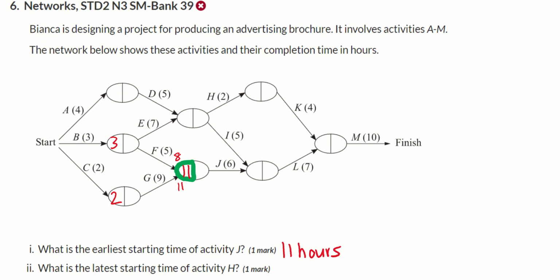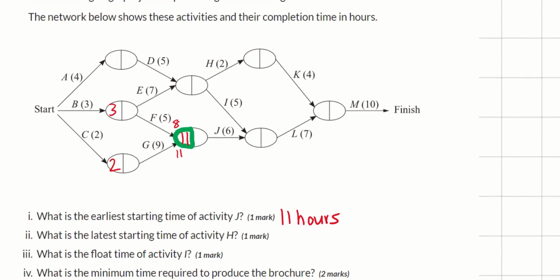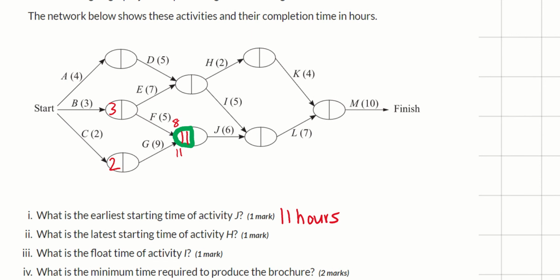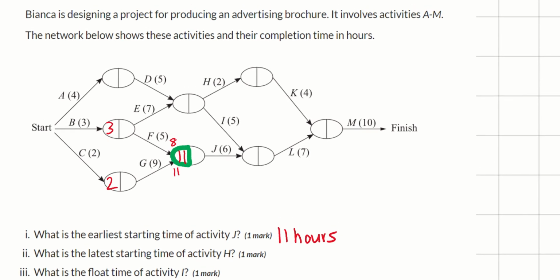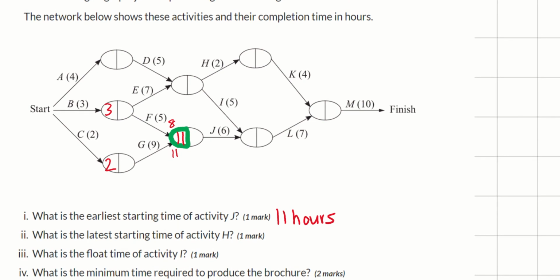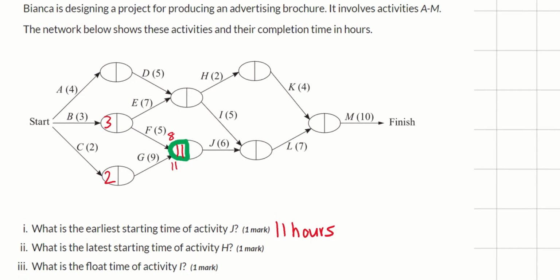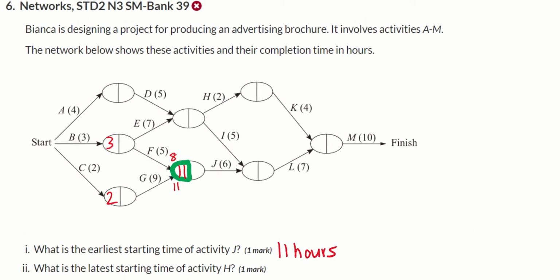Latest start time for activity H. So at this point, I could just go through and pick the certain areas of the network that relate to the question. But if you skim down, you're going to need to find the minimum completion and the float times. So if I need to find the minimum completion time, I need to find the ESTs of everything. So I might as well go through and do the whole lot, ESTs and LSTs.